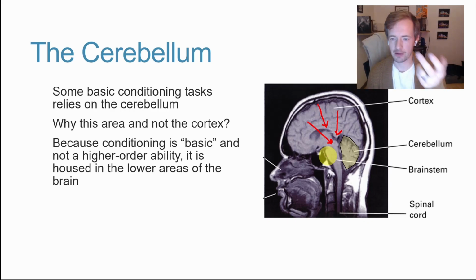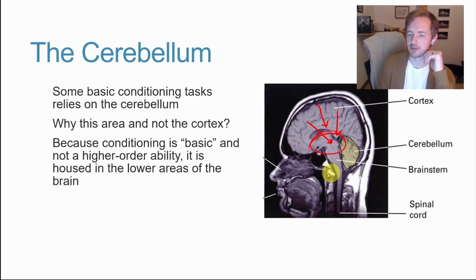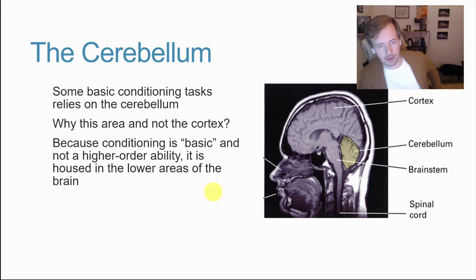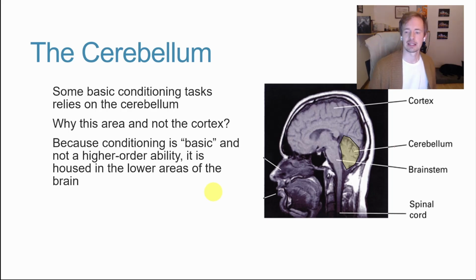When we're talking about how the brain monitors heart rate and breathing, a lot of that is going to be very deep in here and not necessarily on the surface. So just keep in mind that the cerebellum is pretty deep inside the brain. We're talking about very simple, rudimentary behaviors for the most part.